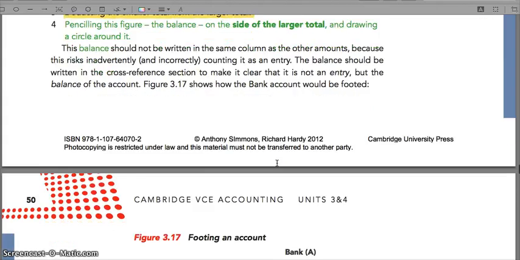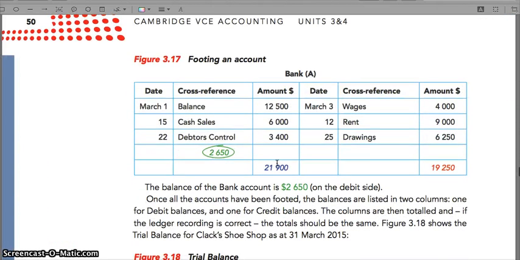So I'll give you an example here. If we have a look here, you've got a balance left over of 12,500 from last month. We've paid some wages, we've paid some rent, we've made a cash sale. One of our debtors has paid us $3,400, and then we've drawn some money out.